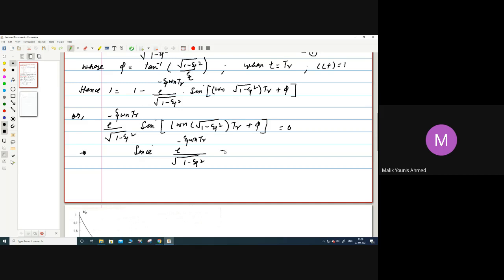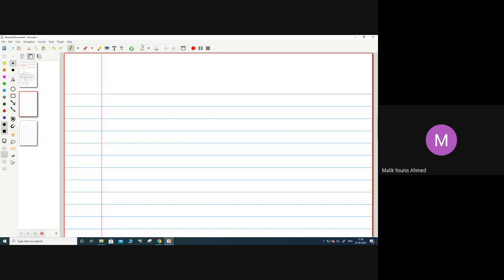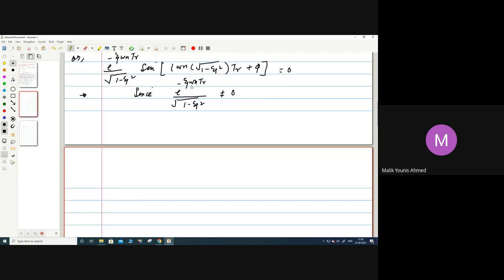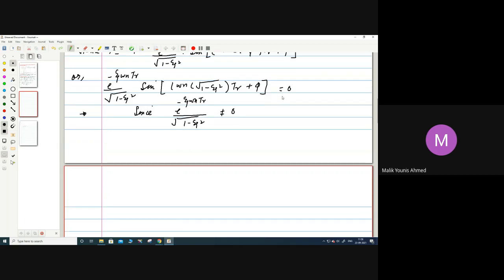So we can expect the sine value to be 0. Therefore, sine of omega n under root of 1 minus xi square tr plus phi will be equal to 0.